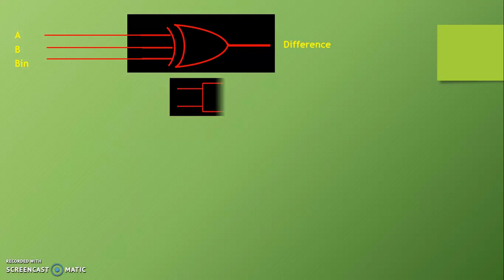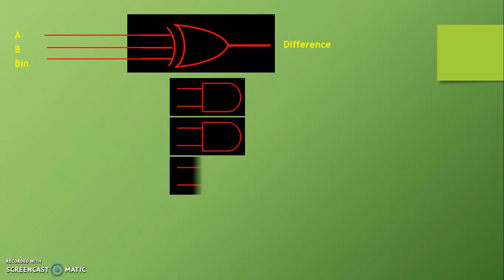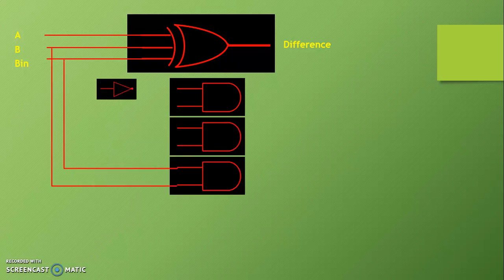We use one exclusive OR gate with the 3 input terminals. We give input, that is A, B and B in, and output of the exclusive OR gate gives us the difference D. Same way for the borrow, we use 3 AND gates, and as per the Boolean function, we give input connections to the AND gates.